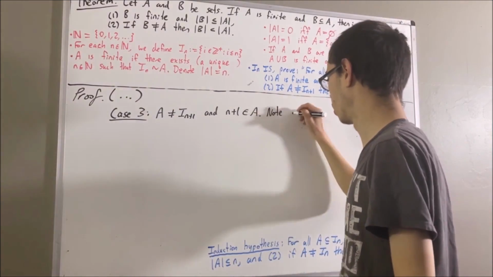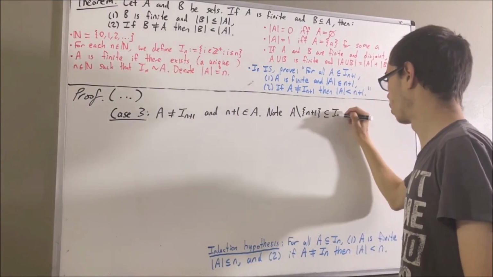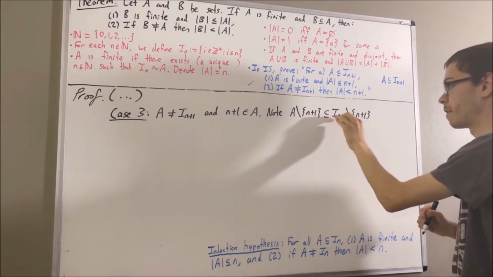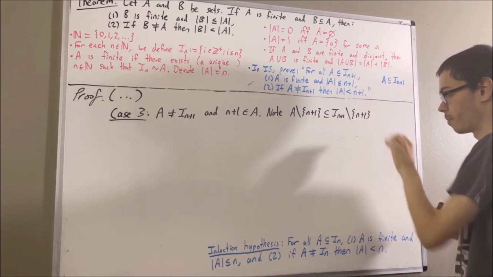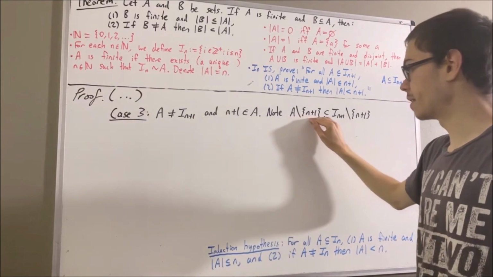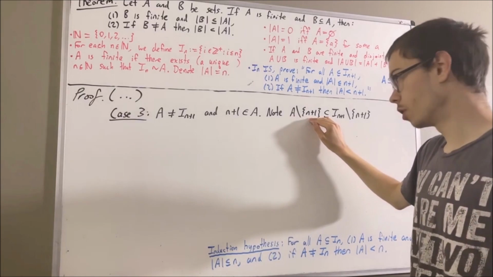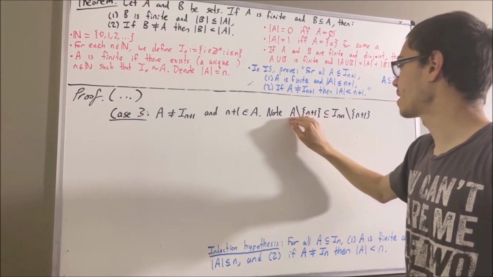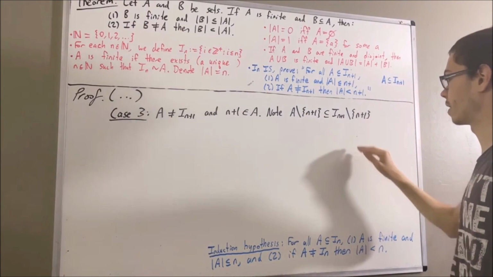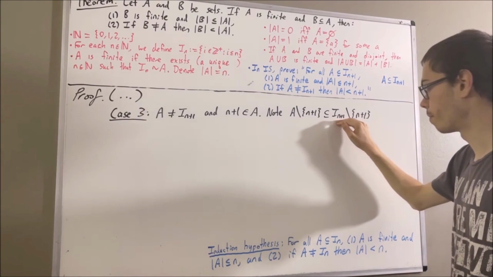Because we know that A set minus N plus 1 is a subset of IN plus 1 set minus N plus 1. The reason why is because if we consider an arbitrary element of this set, call it X, well then we see that X is an element of A. And since A is a subset of IN plus 1, it follows that X is an element of IN plus 1.